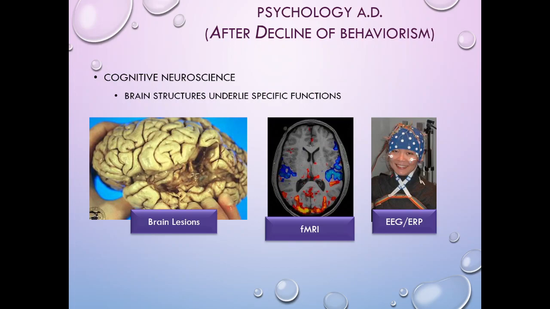EEG is imprecise also. This is a technique where we put electrical collecting nodes on your head. It's not stimulating you, it's collecting the information from the brain. Under each of those white little circles, it's collecting the electrical activity that's underneath.